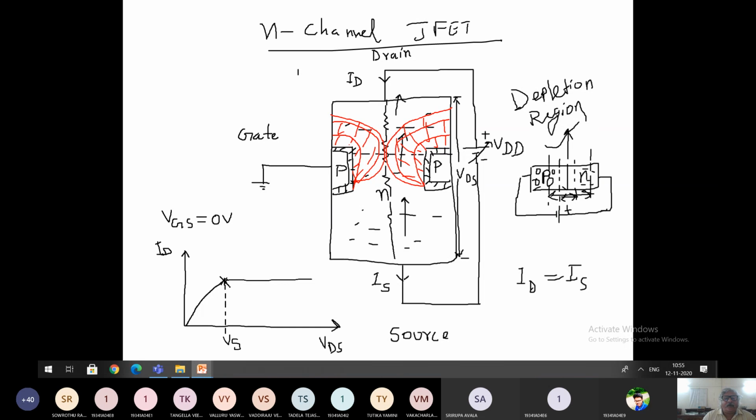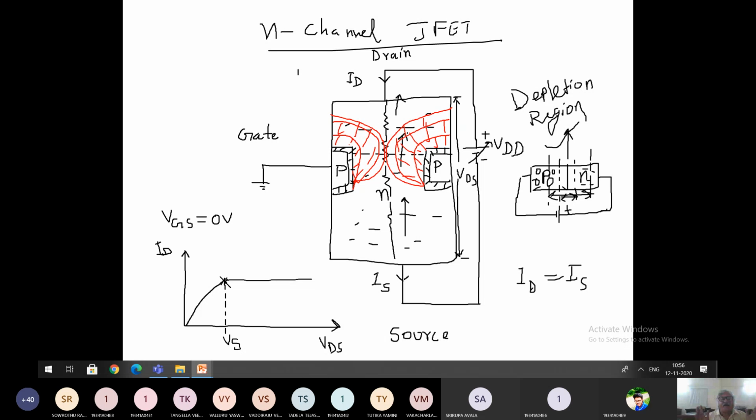So why did this saturation happen? Because we have increased the VDD. Due to the increment in the VDD, the upper portion of the N channel will get more depletion region, right? Because it is more reverse biased. Whereas the lower portion of this N channel, which is connected to the source, is not having any reverse bias.